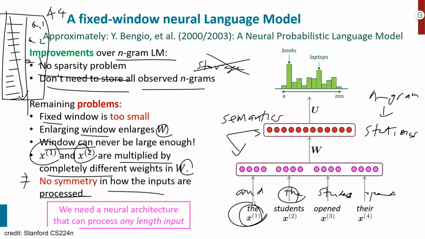This is not intuitively correct. The same word in totally the same context should be processed in the same way. So these are some problems of window-based neural models.